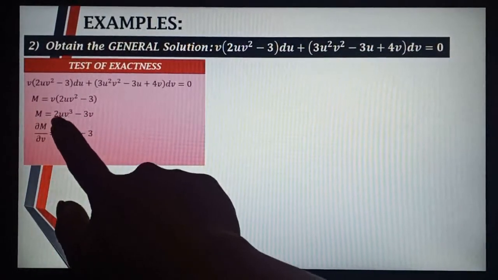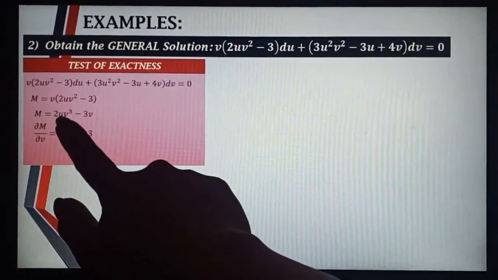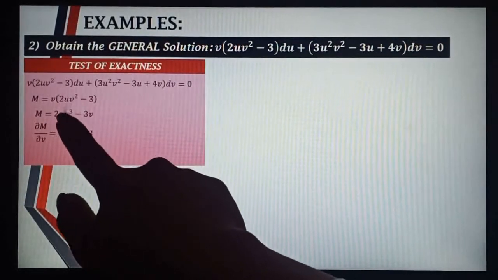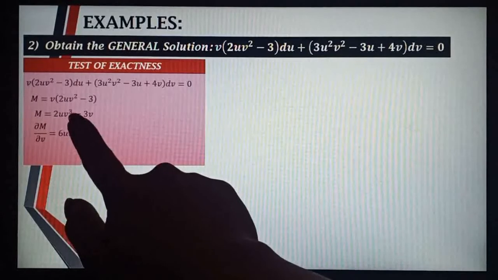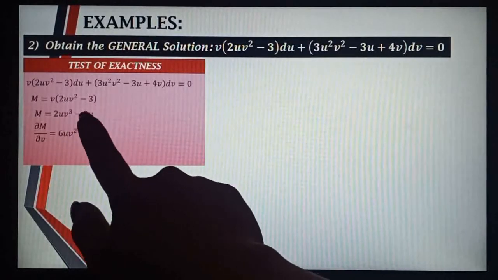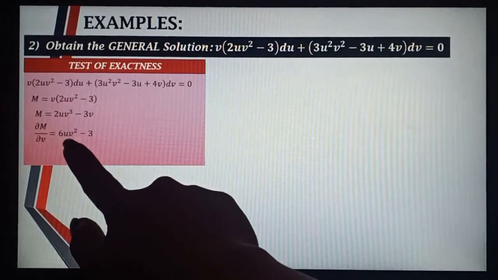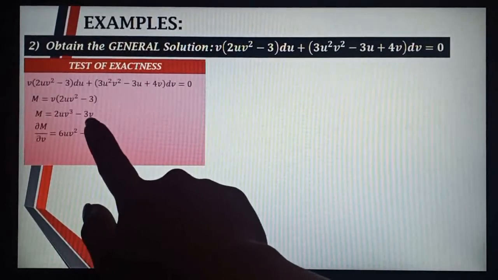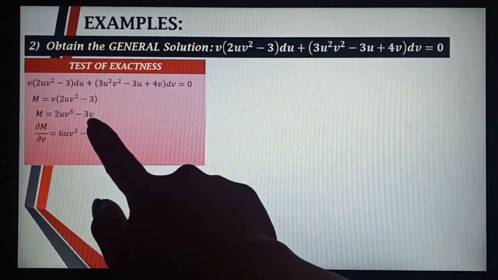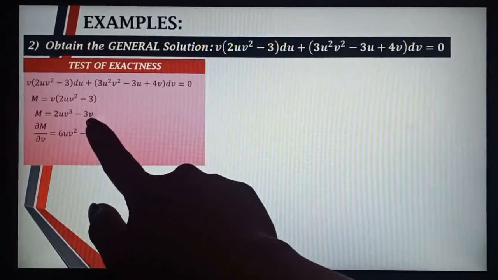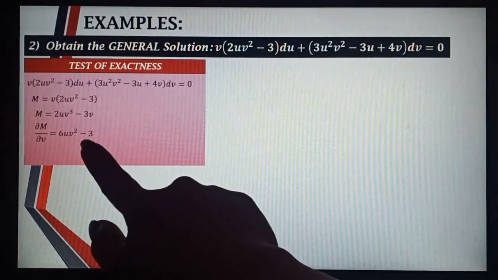So, 2u is constant. So, ang di-differentiate natin ay v cubed. So, you will have 3v squared multiplied to 2u. That is 6uv squared. Then, variable si v. The differentiation of negative 3v is negative 3.